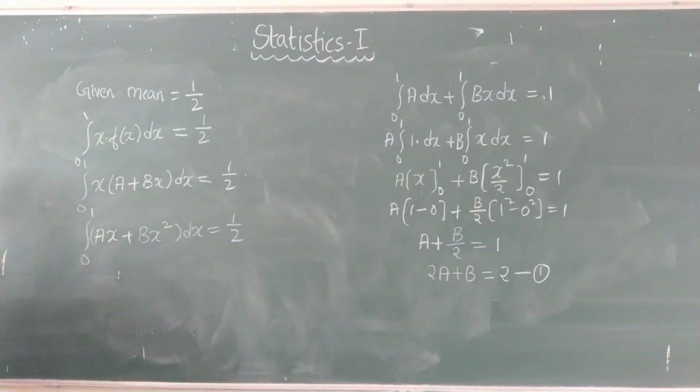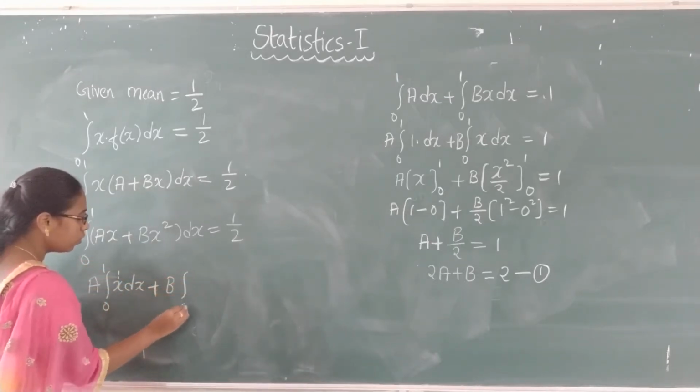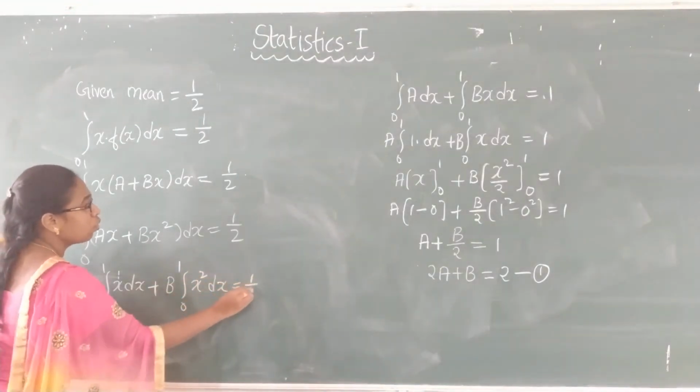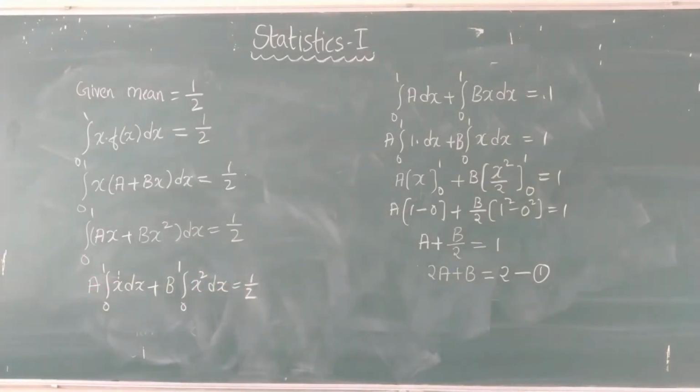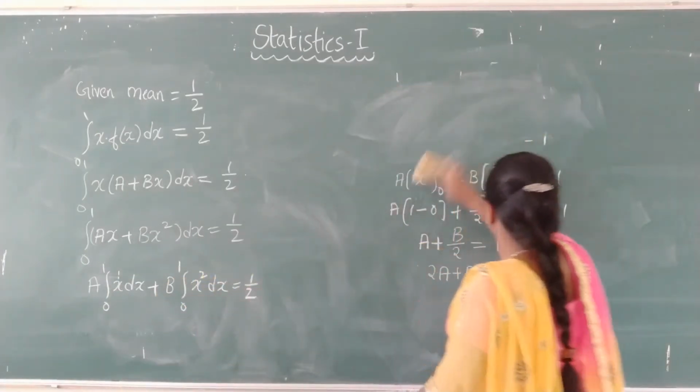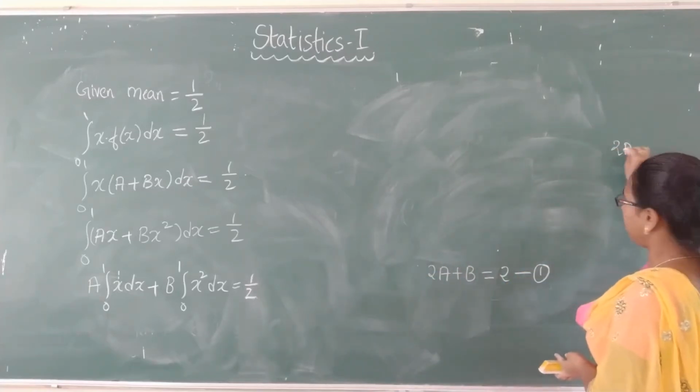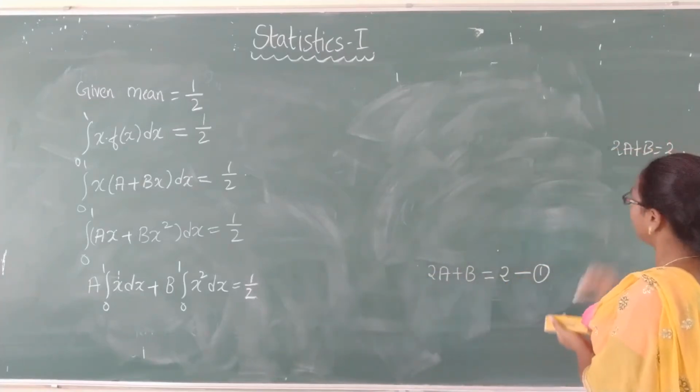Now integrate the two terms separately. For the first term, a is constant, so a into integral over 0 to 1 of x dx, plus here b is constant, b into integral over 0 to 1 of x square dx equals 1 by 2. Now solve this one. This is the first equation we got, that is 2a plus b equals 2.